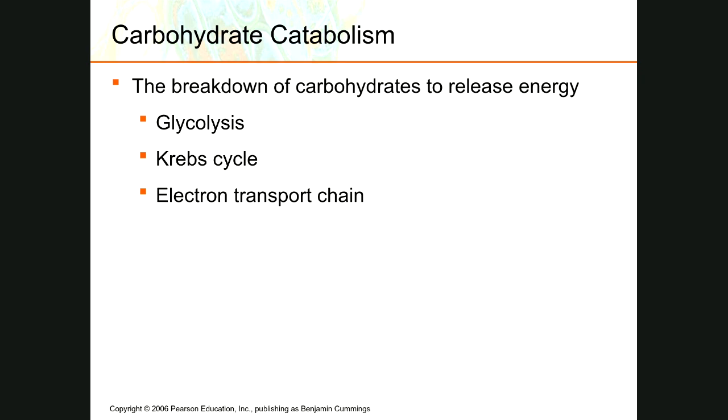Well, there are 3 stages of glucose metabolism: glycolysis, the Krebs cycle, and the electron transport chain. Glycolysis is the splitting of the sugar glucose. The Krebs cycle, also known as the citric acid cycle, we'll review, and then the electron transport chain and chemiosmosis.